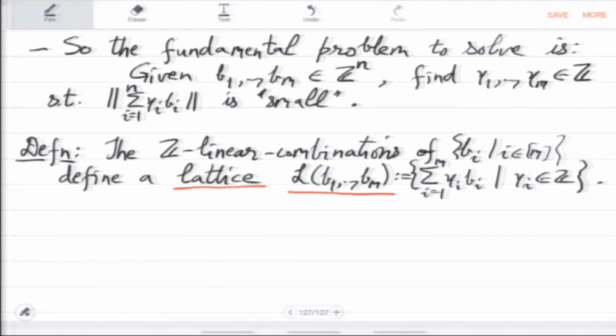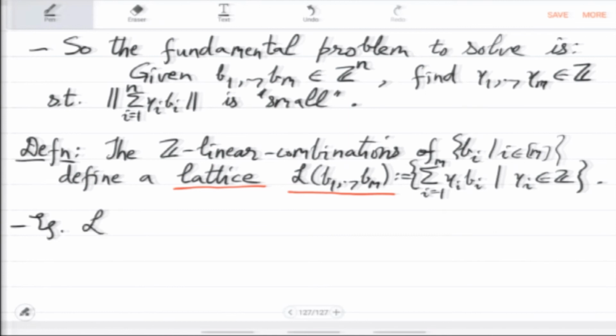Okay, so for example, how does a lattice look pictorially? A one-dimensional vector space will just be the real line, and a two-dimensional vector space will be the real plane. In the same spirit, what is the picture for one-dimensional and two-dimensional lattices?